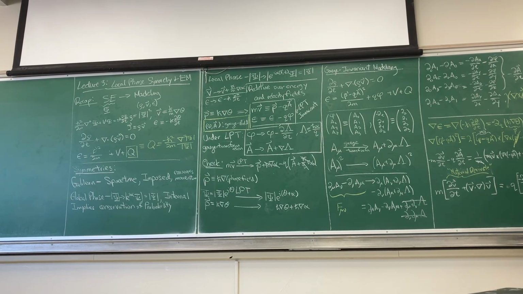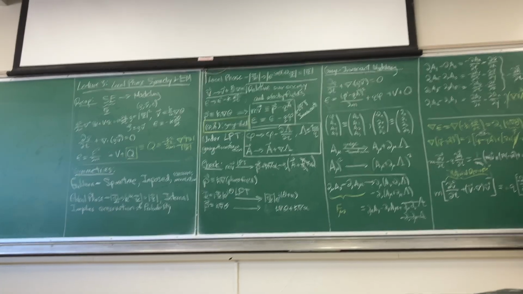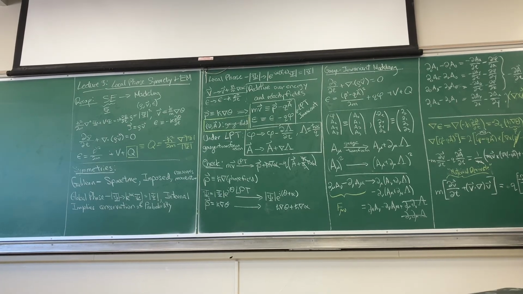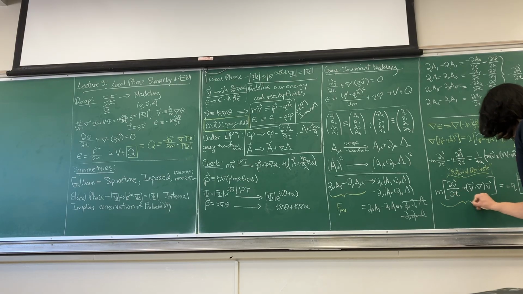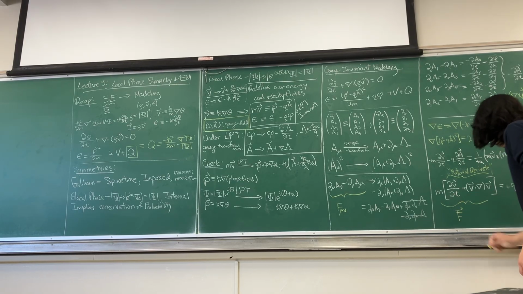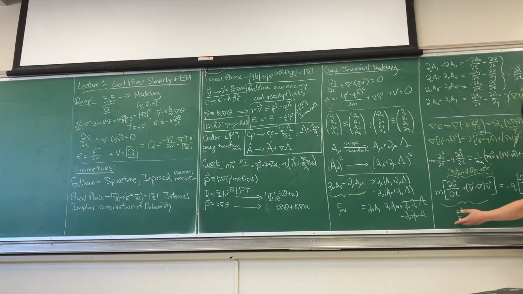Oh my gosh, there should be a v cross this because there's a v cross that. Sorry, v cross curl of A, and this is v cross B. So this is a force, right? We won't say Lorentz force. It's a force. The force on our matter is equal to q E plus v cross B, and then minus this term.